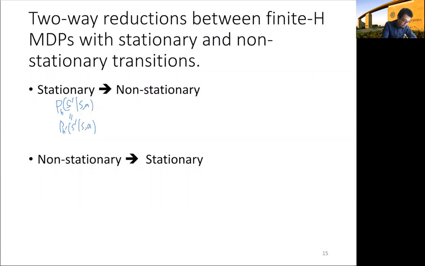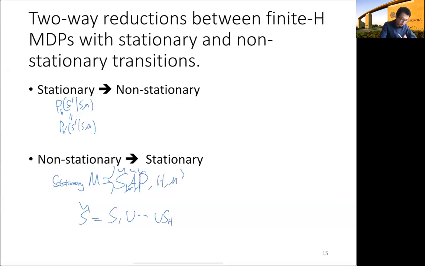We can consider the stationary MDP M with a state space being the union of S_1 to S_H, and the action space and the transition kernels are also extended.